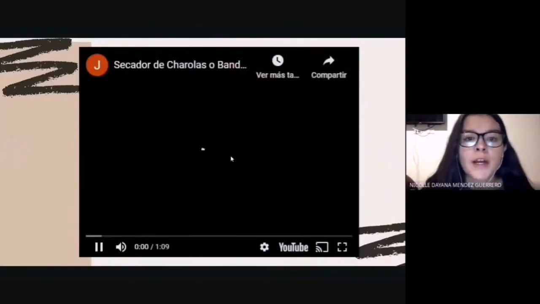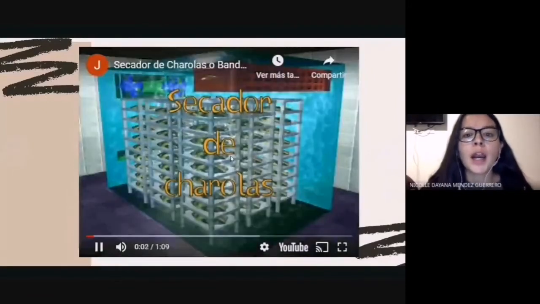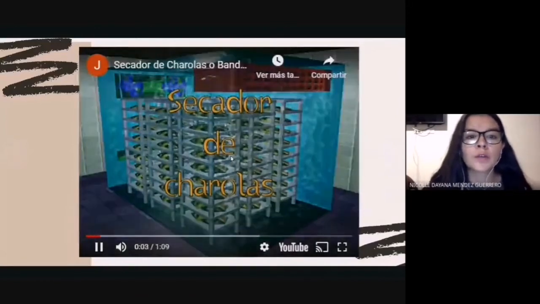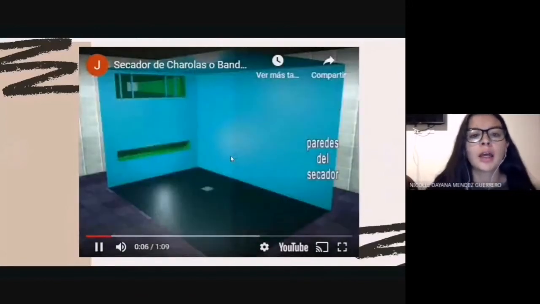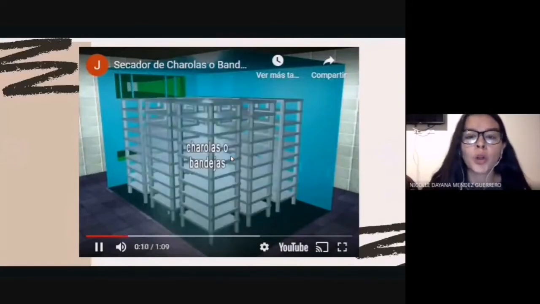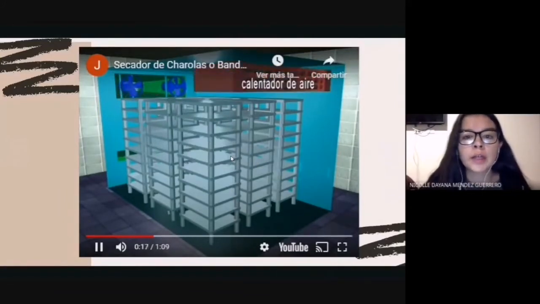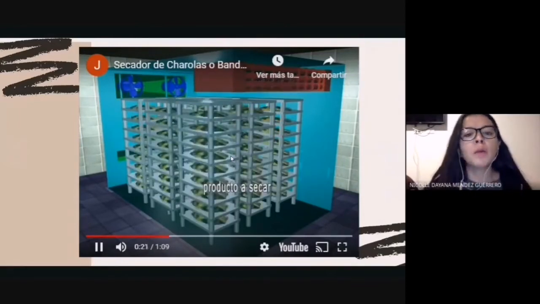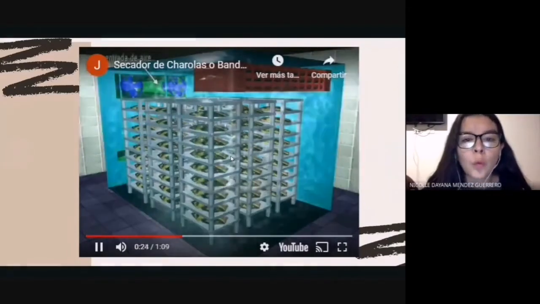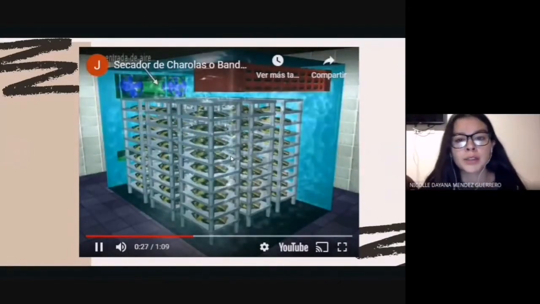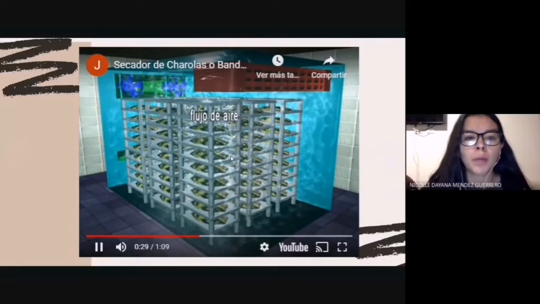Operation: a fan recycles the steam-heated air in parallel to the surface of the trays. Electrical heat can also be used, especially when the heat demand is low. More or less 10 to 20% of the air that passes over the trays is new, and the rest is recirculated air. It is advisable to have an air circulation with a speed of 1 to 10 meters per second to improve the drying.